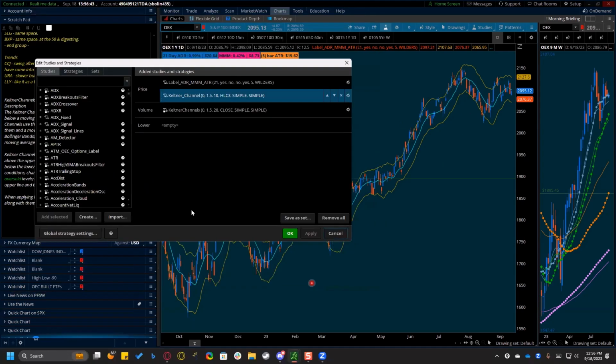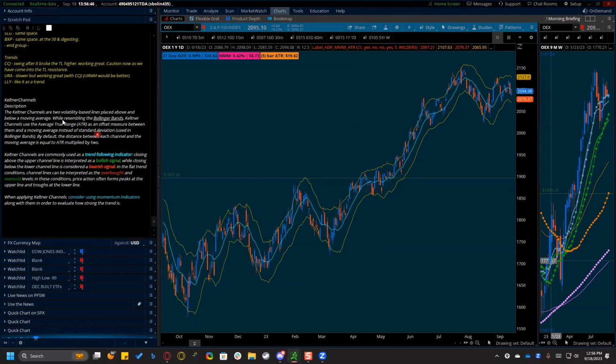So there it is. Now on Thinkorswim, if you were to look up Keltner channels, it says that they are two volatility-based lines above and below a moving average. And while they do resemble Bollinger Bands, Keltner channels use the average true range. Again, this is just describing the modern version.